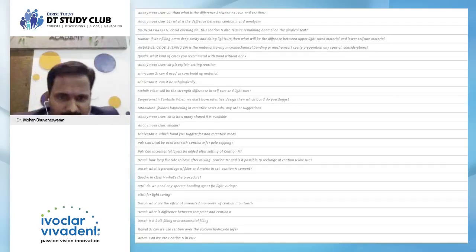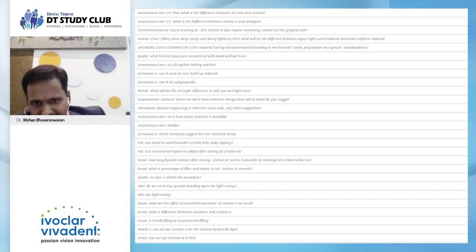There is a dentist telling me that probably he or she is using Cention N, and failures have happened even when the cavity was retentive. I don't know what type of failure they came across. If it is the entire restoration popping out, I'm sure the cavity wouldn't have been retentive at all. If the restoration has fractured somewhere, so far it's not happened because 100 MPa is a big flexural strength.